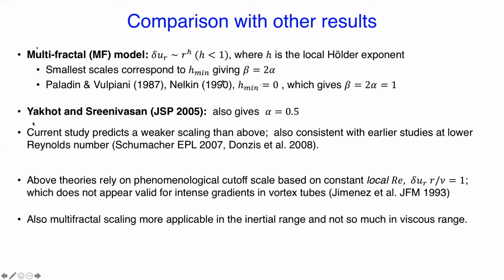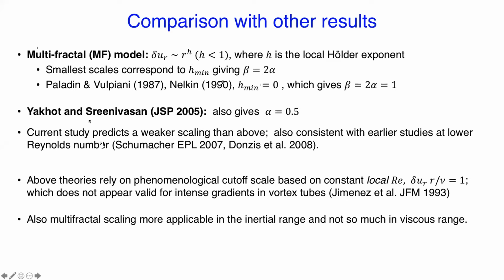And there's also this theory from Yakhot and Srinivasan 2005, which also gives an alpha of 0.5, similar to this. So as I said, the current data shows a weaker scaling than above. In fact, this weaker scaling with respect to these predictions is also consistent with some earlier studies at comparatively low Reynolds number by Schumacher and Donaldson and others.